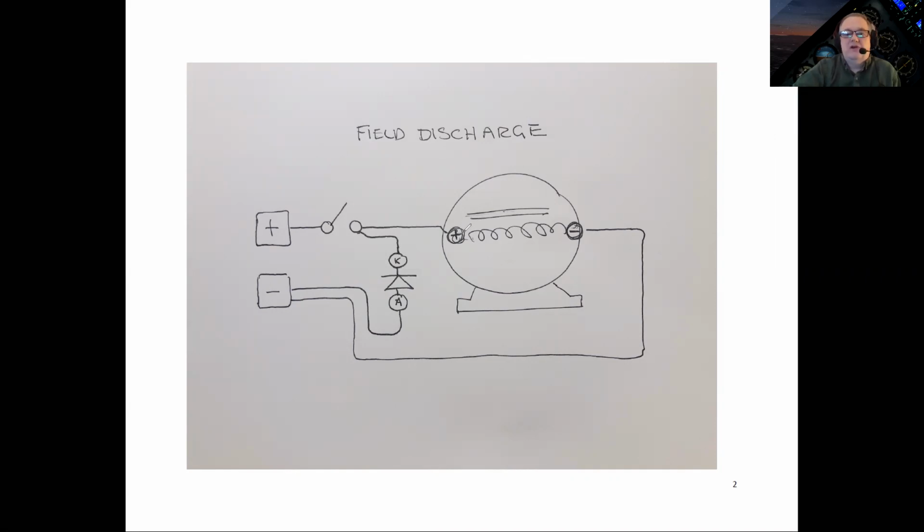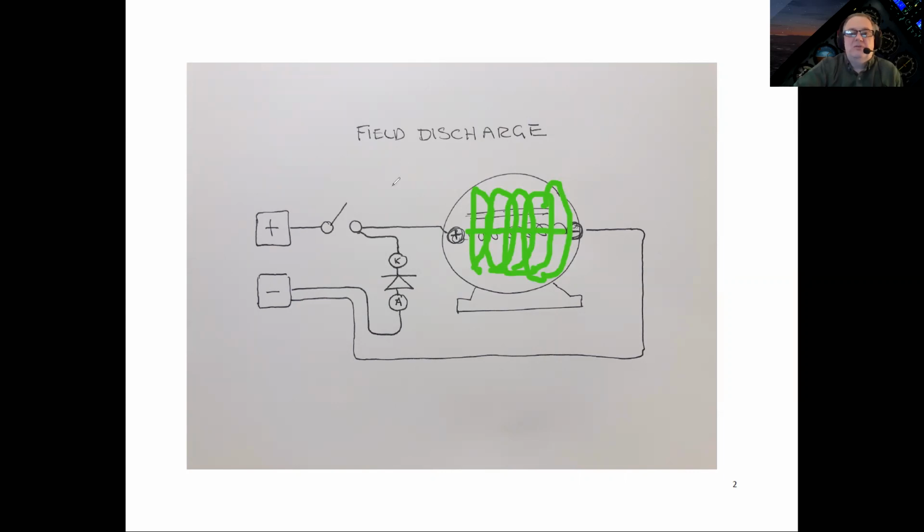As the current flows through this coil, flux builds up in a field around that inductor. Because it's DC current, it just stays there. It's like a stored charge. And the larger the current, the larger the amount of stored charge there is.